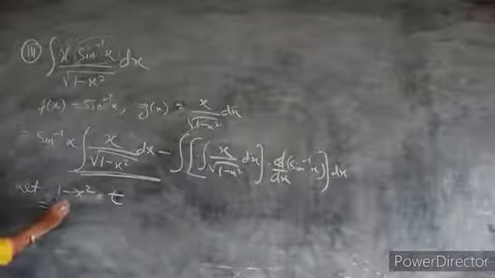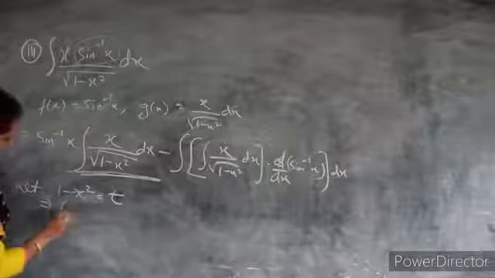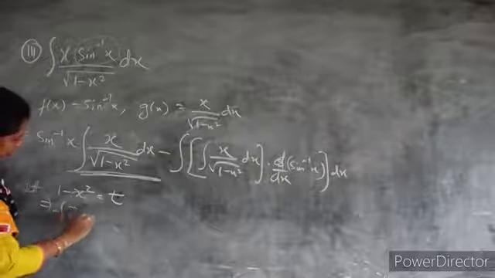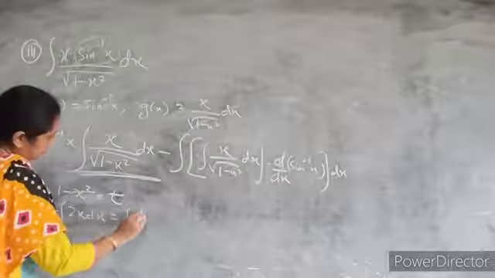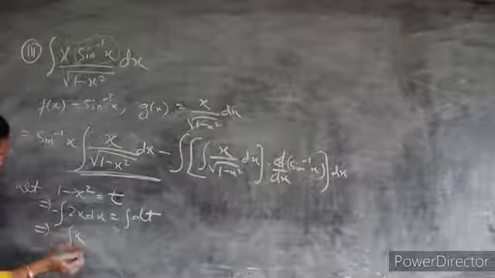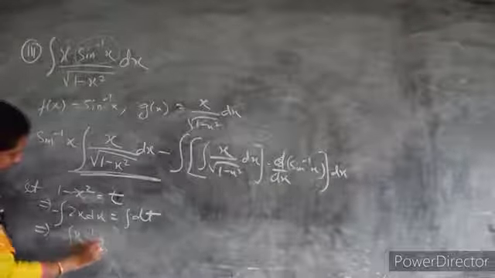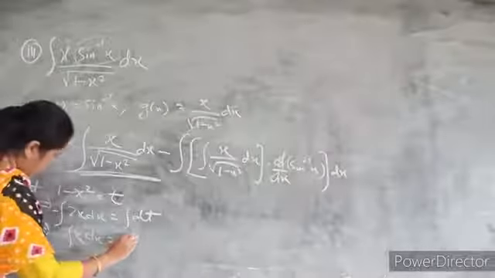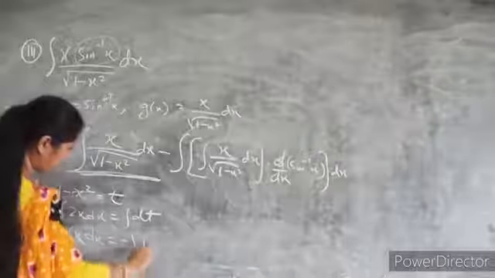If I use d/dx here, this will be minus 2x dx equal to dt, so x dx will be minus 1 by 2 dt.